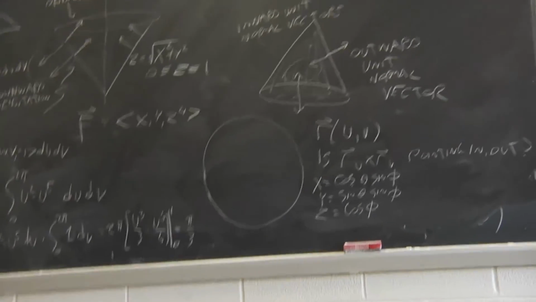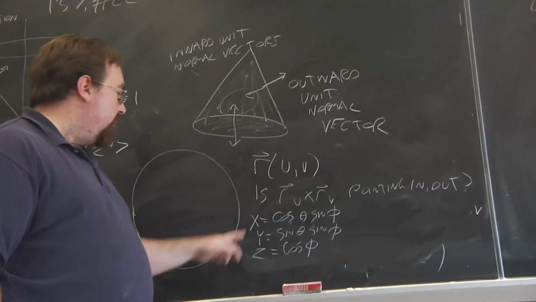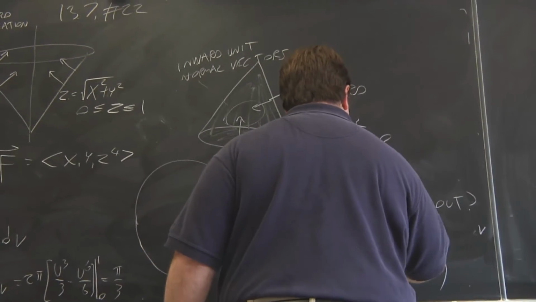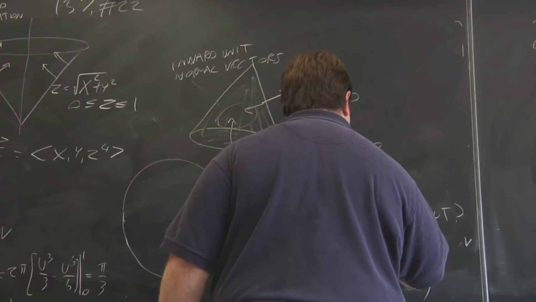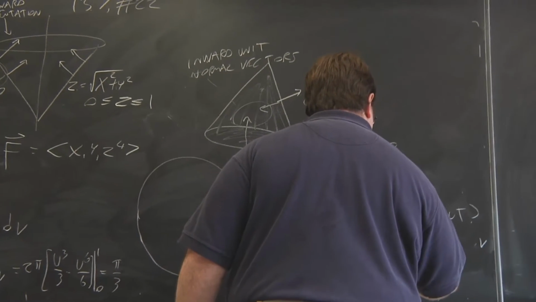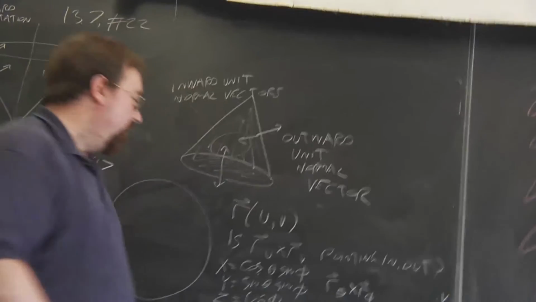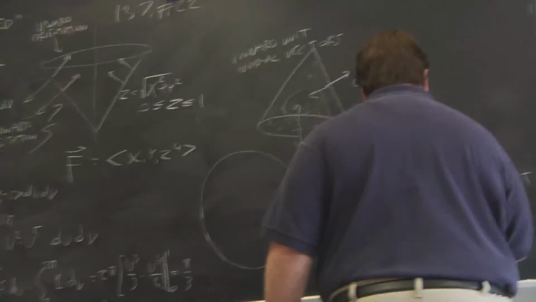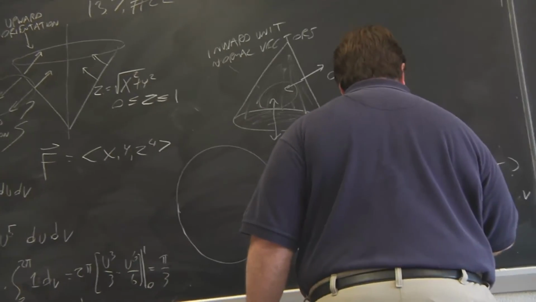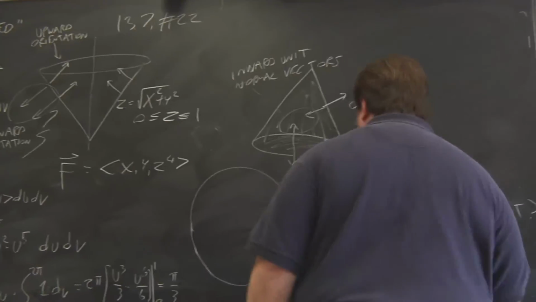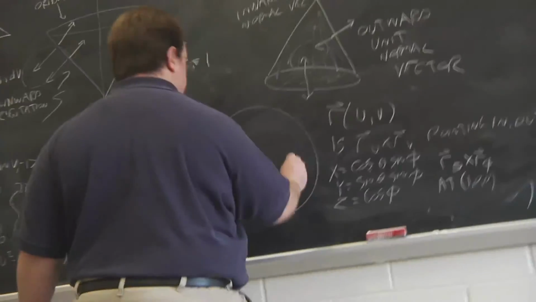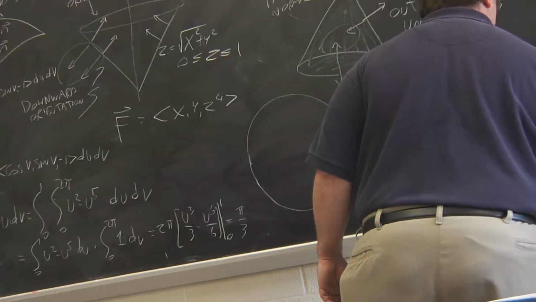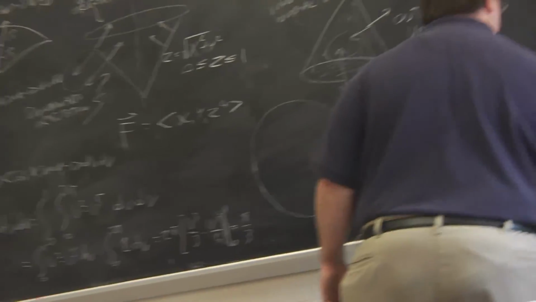Now I won't go through all the details now, but if you compute r_theta cross r_phi and evaluate it at the point (1, 0, 0), which is on the sphere, the vector that you get is (1, 0, 0).